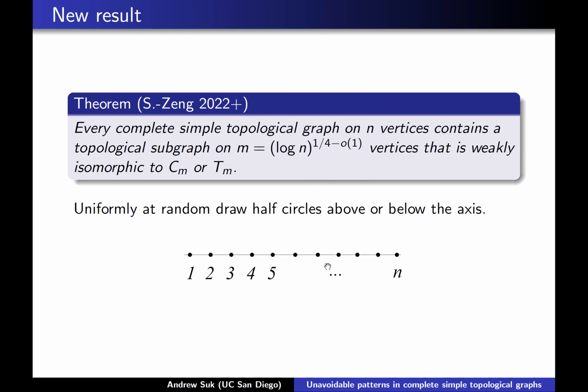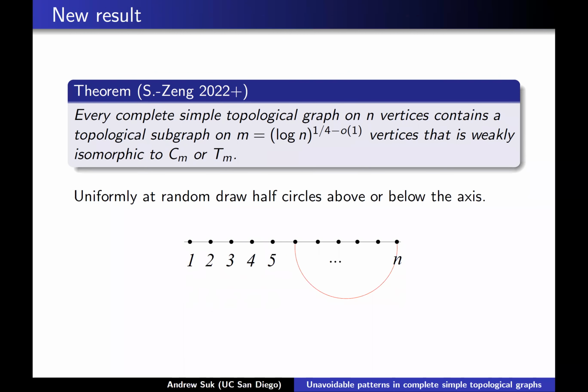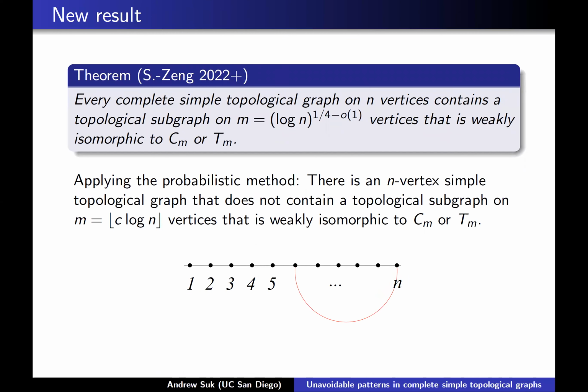If you simply take your vertices, let's say on the x-axis, and then for each pair of vertices, you uniformly at random draw a half circle, either above or below the x-axis, then it's not hard to show that there is an n-vertex simple topological graph that does not contain a topological subgraph on basically log n vertices that's weakly isomorphic to C_m or T_m.